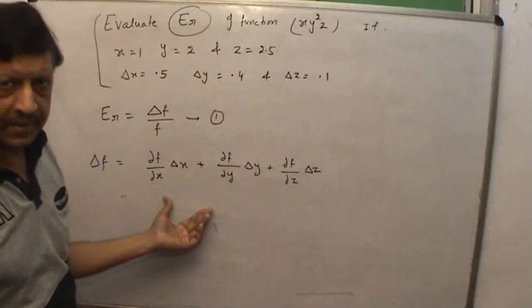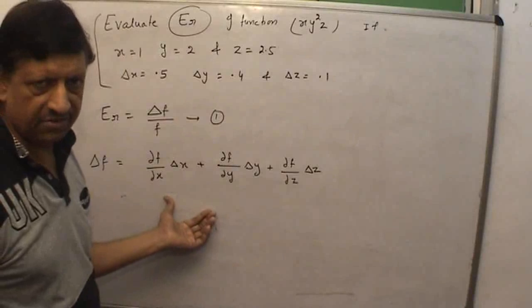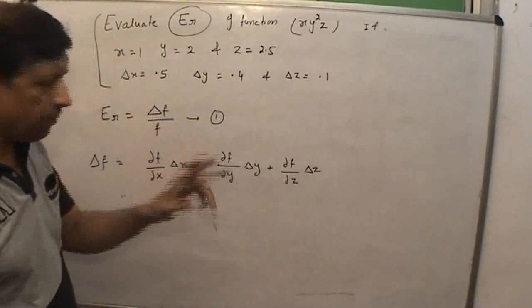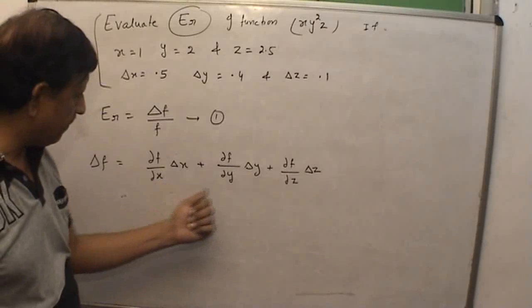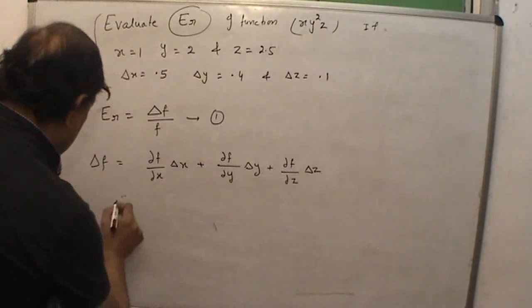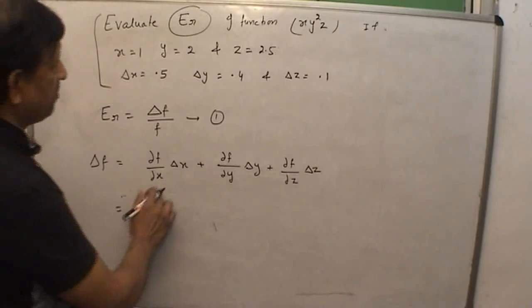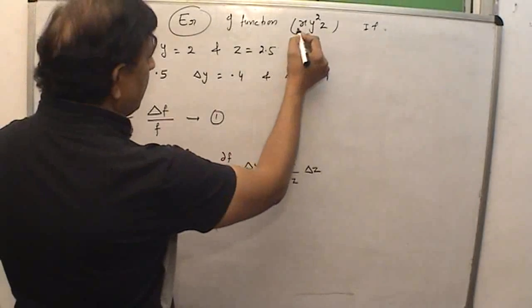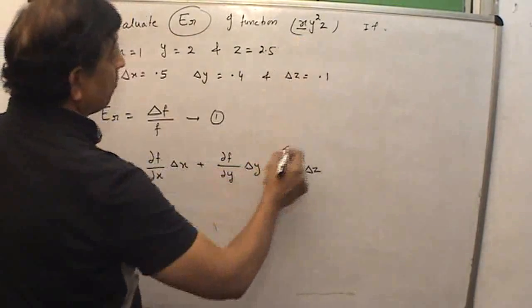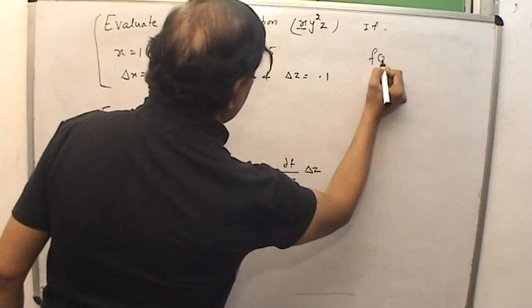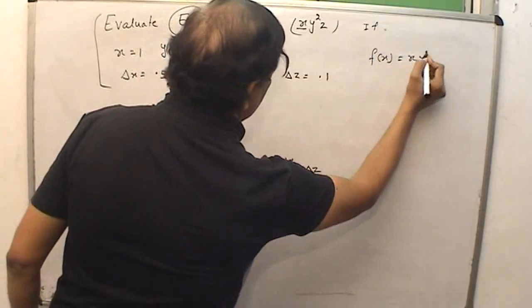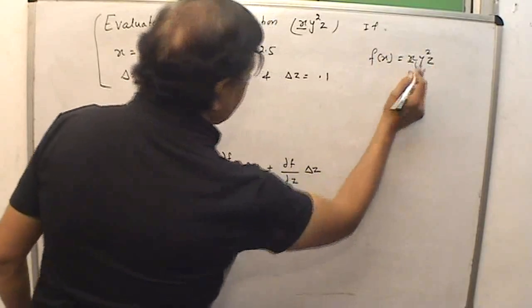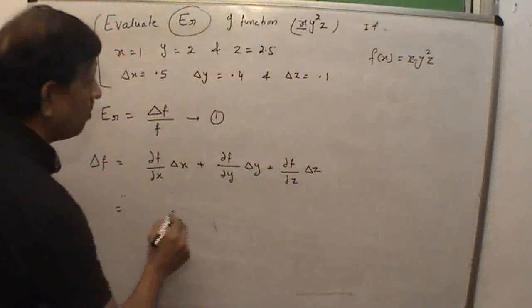Curly means, again I say, partial differentiation of only that variable which is present here. That is curly f by curly x. If we differentiate it, we shall differentiate only here. We write the function f of x, y, z is equal to x y square z. Differentiation for x is equal to 1.